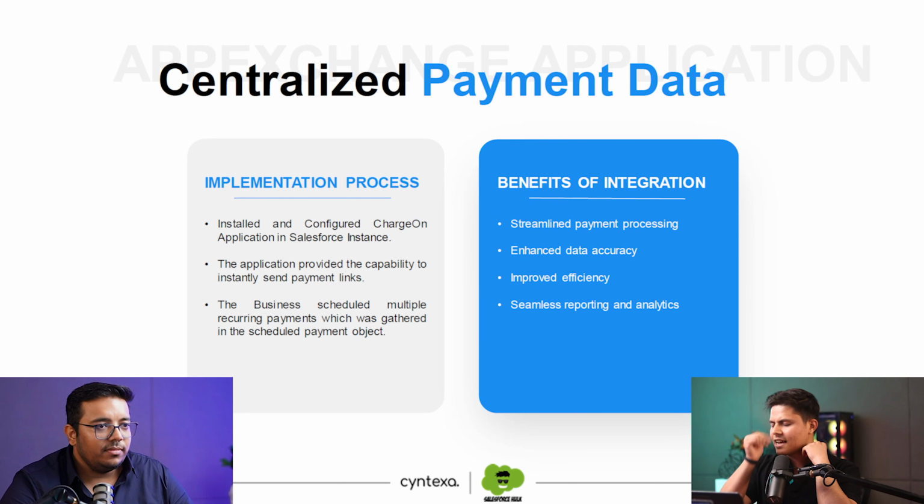All right. There's a point that I would like to mention here. All of the Zapier, AppExchange application, external services, MuleSoft, in one single business we had to use all of these things together because they were using different platforms to do different things for their one business.